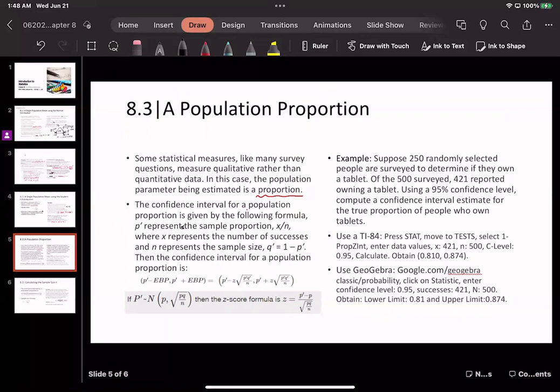So q-hat is equal to 1 minus p-hat, because p-hat plus q-hat should be 1.